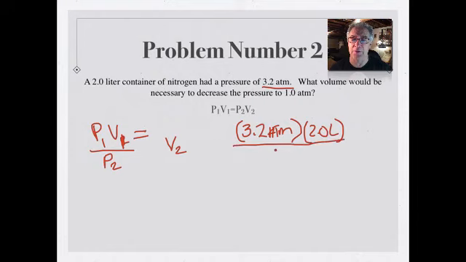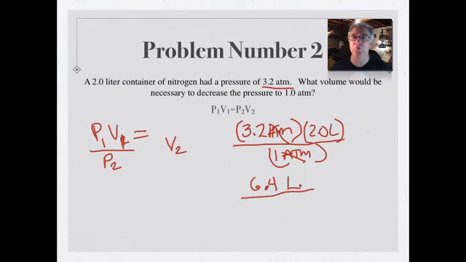And the atmosphere is 1. So we have 1 atmosphere. This should be really easy to do. 3.2 times 2 is 6.4, because again, the atmospheres cross off, 6.4 liters.